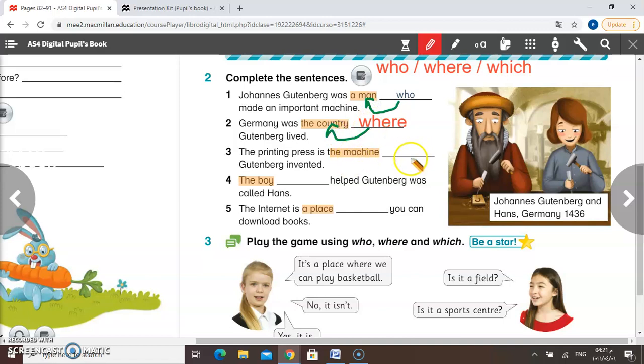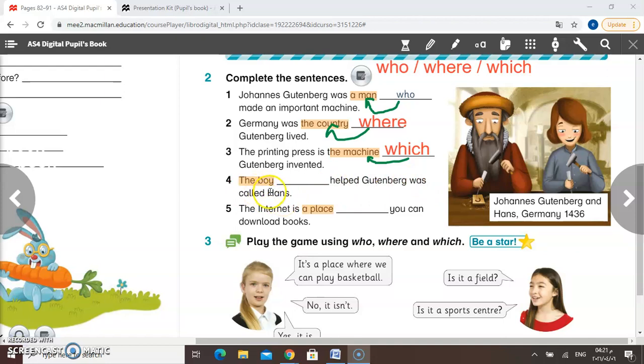So we have machine. This is not a place and this is not people, so we have to use which.